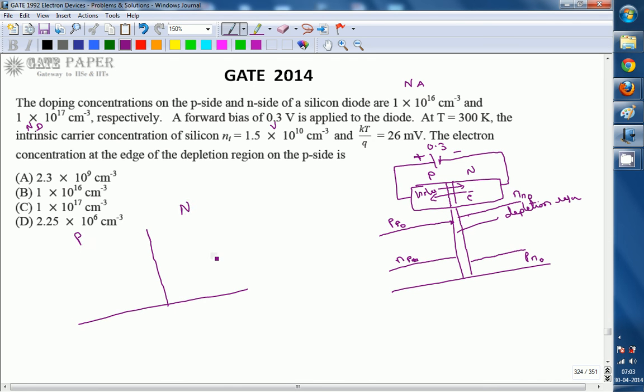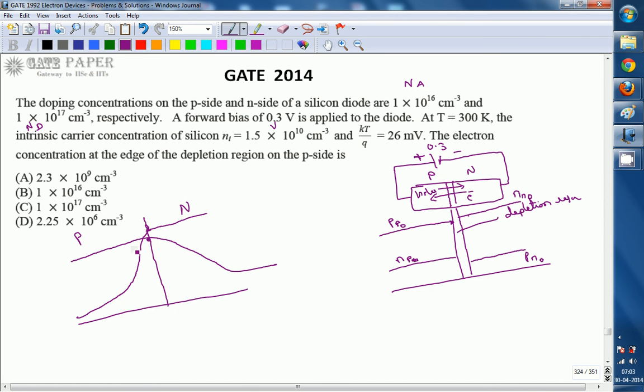Now neglect the potential barrier width. The holes moving in this direction recombine with electrons, and finally you get this situation. So what is the electron concentration at the edge of the P side?